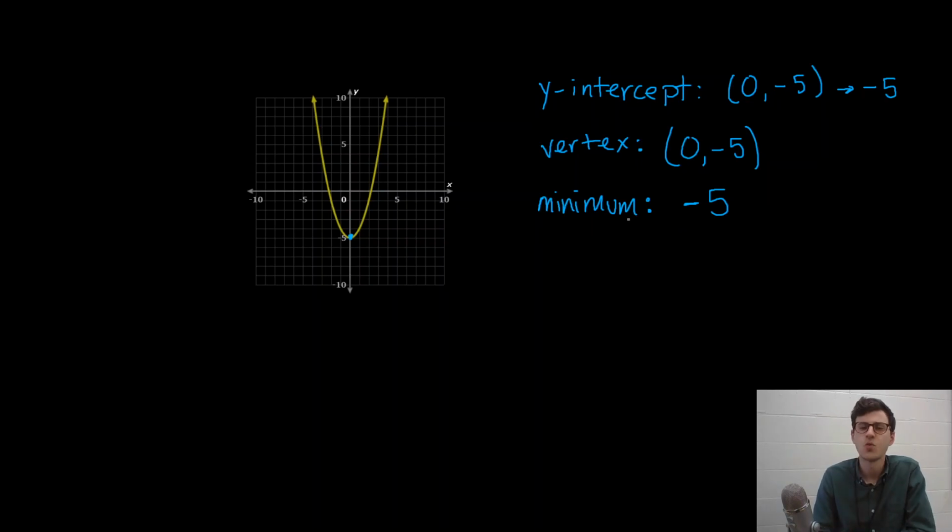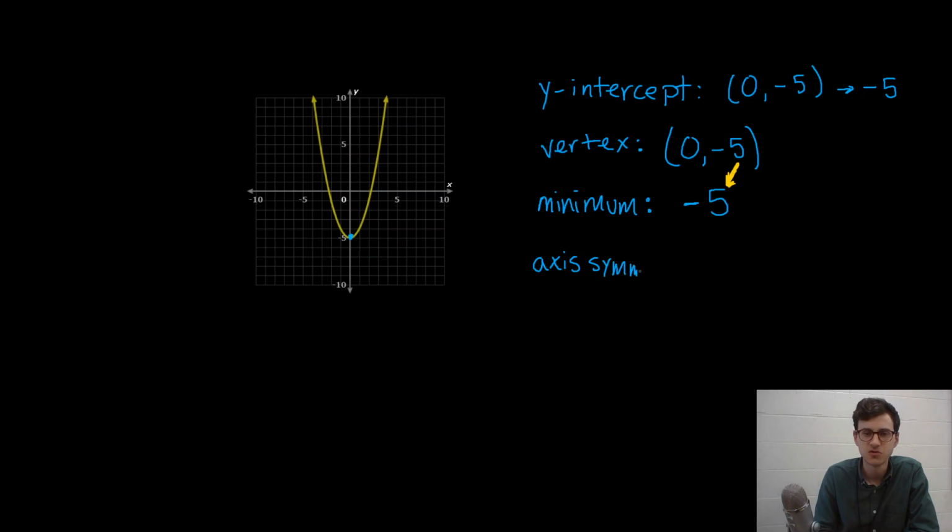I'm not sure I like saying y equals -5, even though it is where the y point is. It is that y value, -5. And notice that is the y value of my vertex, right? So the minimum is always, or we'll see in another case, the maximum is always the y value of my vertex.